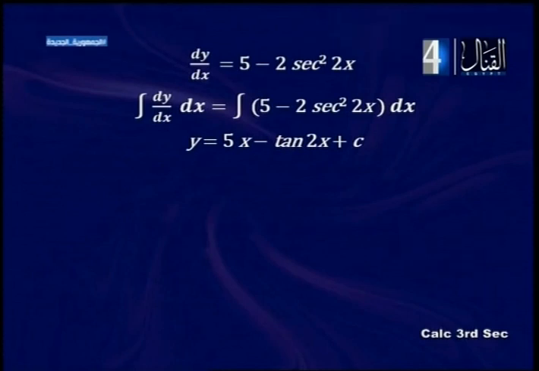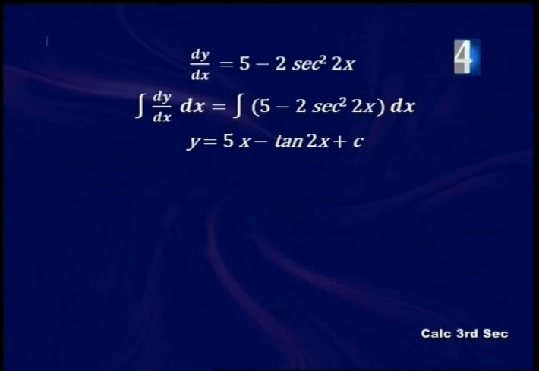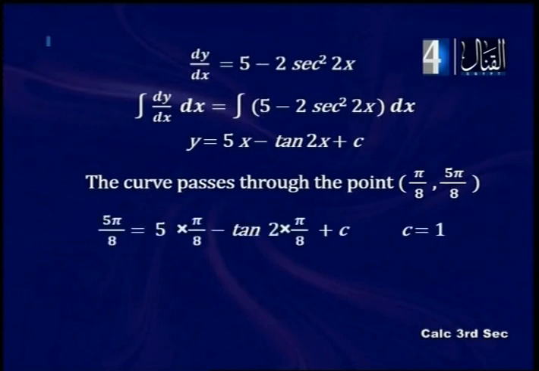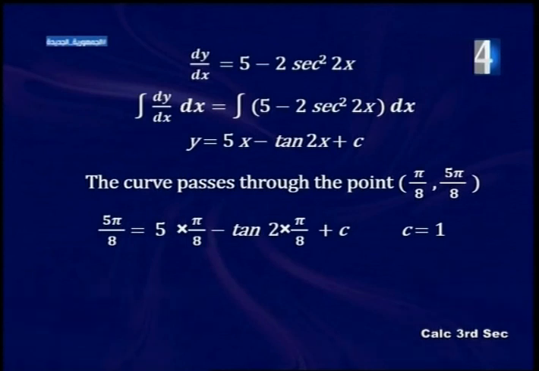What is the value of the constant c in this relation? We know that the curve passes through the point (pi over 8, 5 pi over 8). Then we can substitute y equals 5 pi over 8 and x equals pi over 8. Then 5 pi over 8 equals 5 multiplied by pi over 8 minus tan(2 multiplied by pi over 8) plus the constant c.